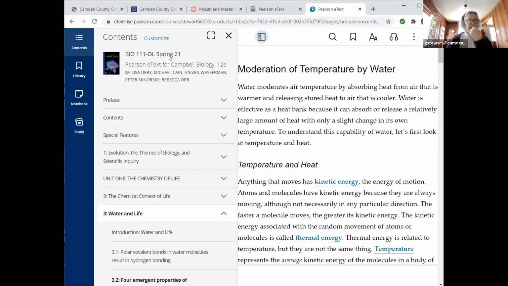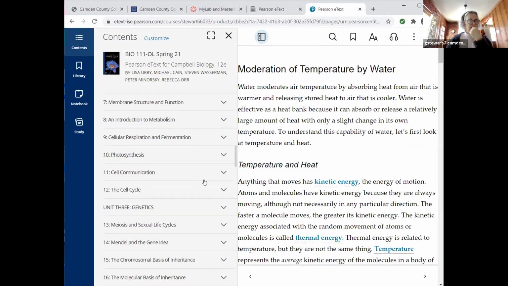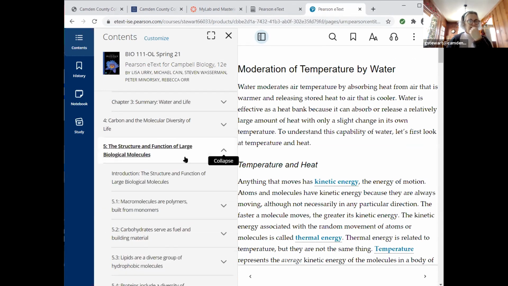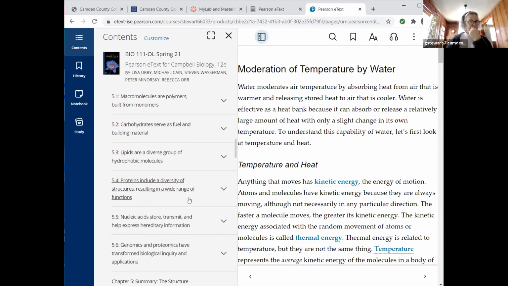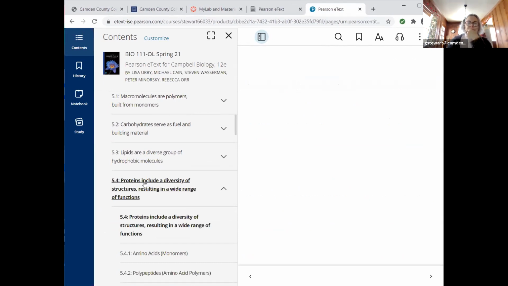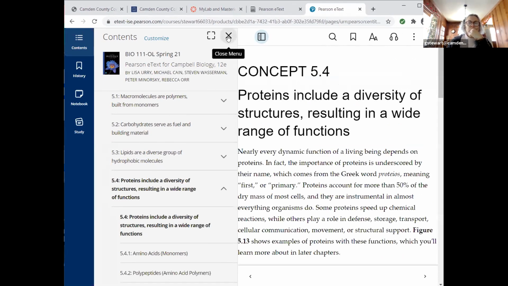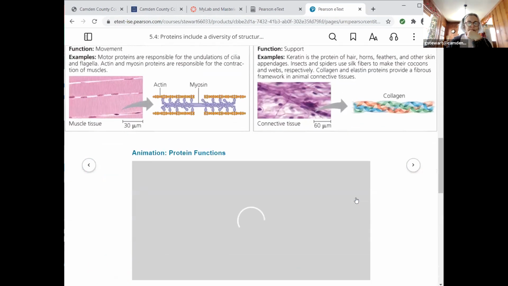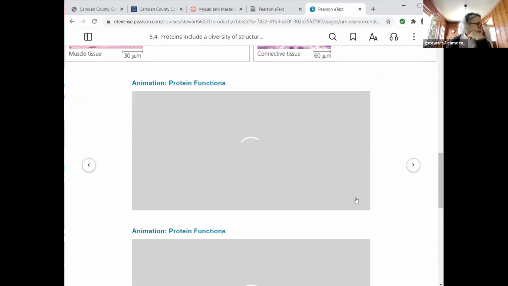So let's see, menu, contents, chapter 5. Inside chapter 5, I want section 5.4. And again, this will probably take a little bit to load, so I'm going to go slowly.